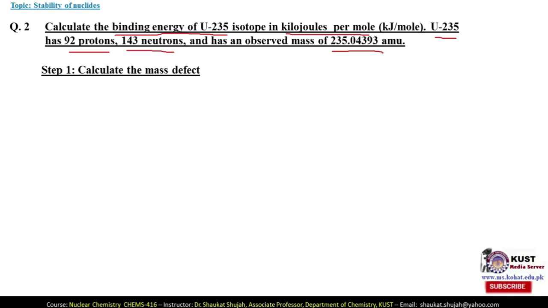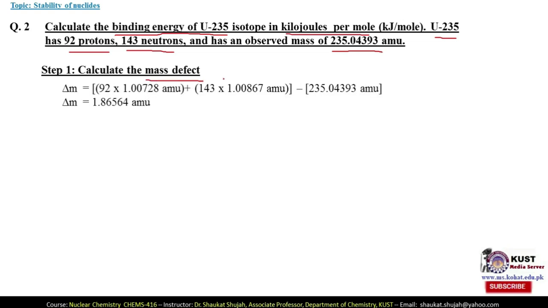So first we will calculate the mass defect in AMU, and for this we will multiply the proton number with the mass of proton and the neutron number with the mass of neutron, and then we will add up these values. The actual mass of uranium is then subtracted from this calculated mass, and the answer which we get is 1.86564 AMU.